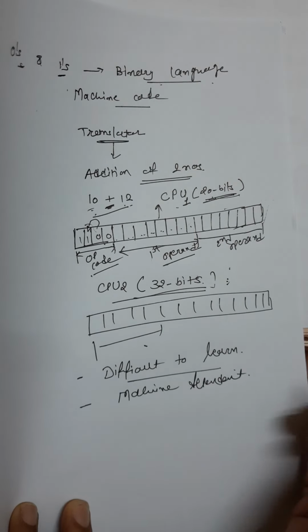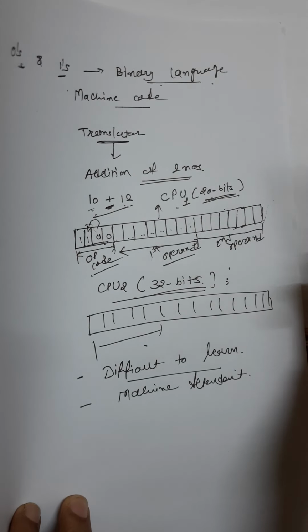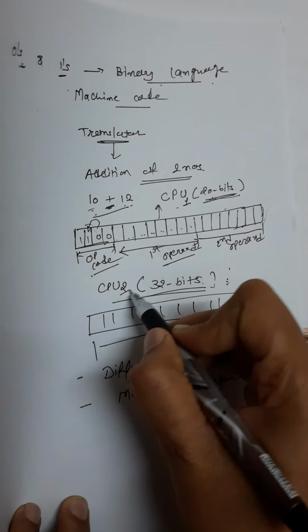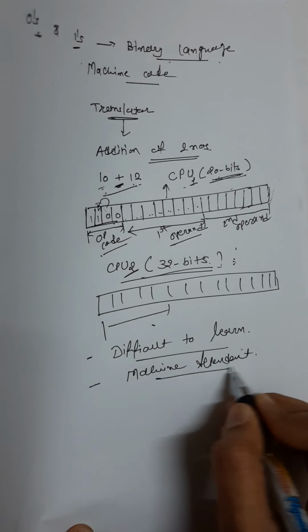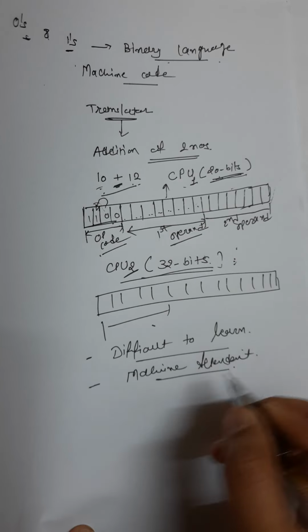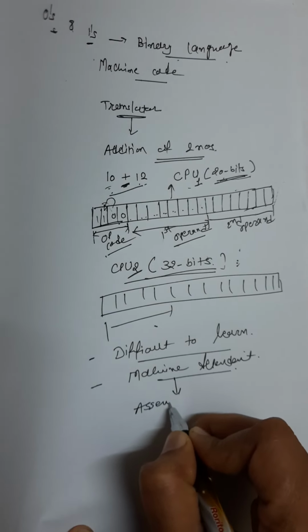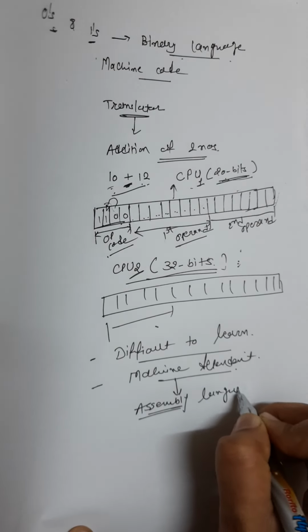We have to write the same program to perform the addition of two numbers all over again for CPU 2. That is why this is machine dependent. And just to overcome this, another language, assembly language, came into the picture.